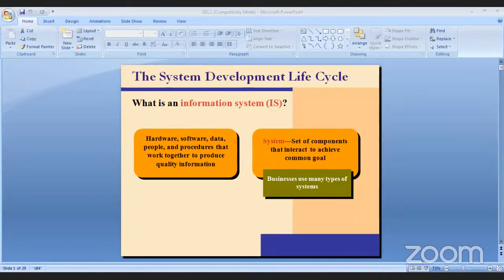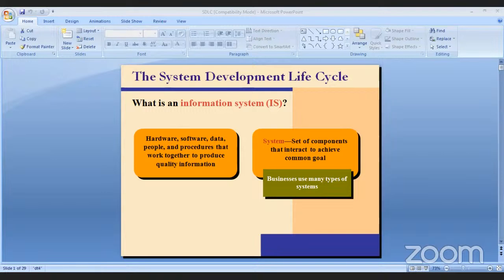Now coming back to system. A system does not only mean a computer system or a laptop. The general definition of a system is a set of components that interact to achieve a common objective or common goal. Like DDC is a system, Utkal University is a system, the health sector is a system, the banking sector is a system.